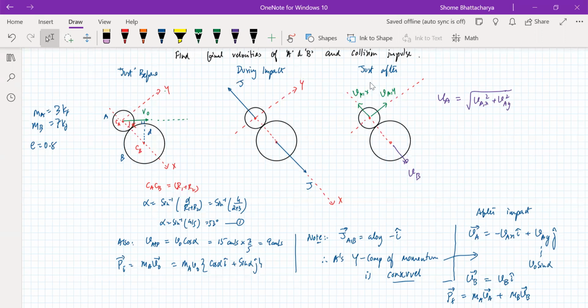We'll not introduce a beta. We'll find beta later, but in our equations we will not need it, because we've written the equations in component form.